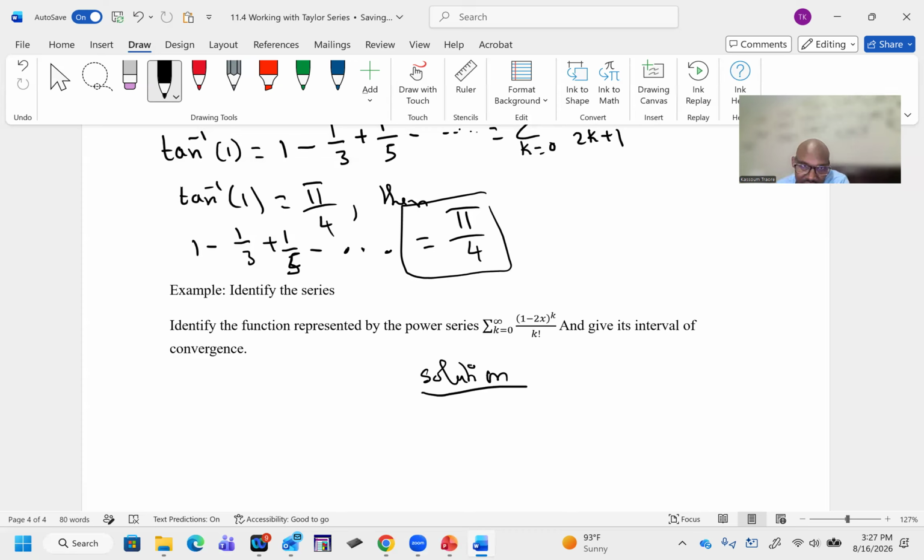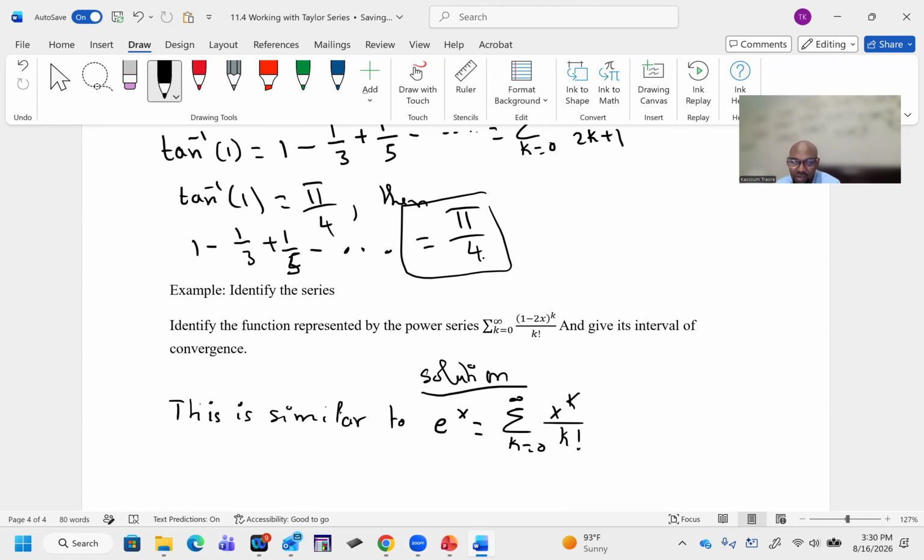the Maclaurin series for e to the power of x. So we know this is similar to e to the power of x, which is the sum from k is equal to 0 to infinity of x to the power of k divided by k factorial.